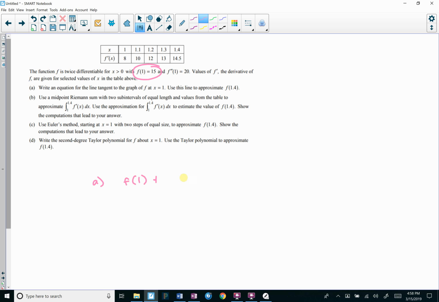F of 1, we want f prime of 1 times x minus 1 to the 1, plus f double prime of 1 over 2 factorial, x minus 1 squared. Okay, let's go ahead and find out. It's 15. F prime is 8. F double prime, they tell me in the directions, is 20. Now 20 divided by 2 is 10.